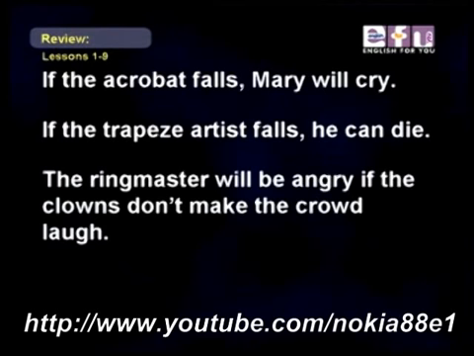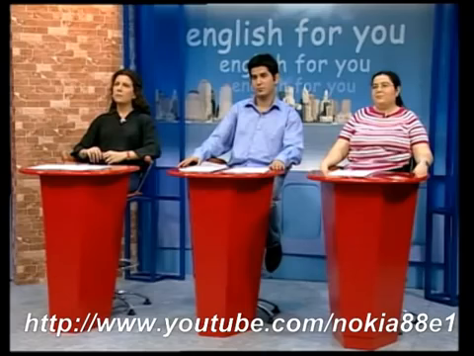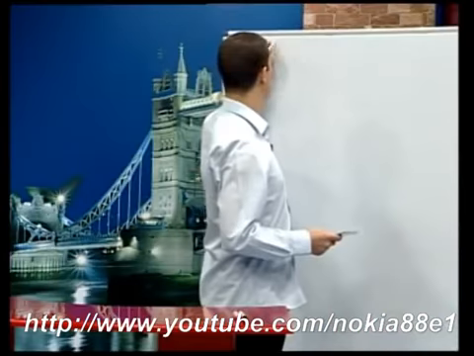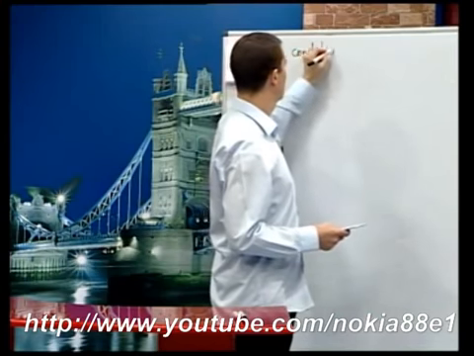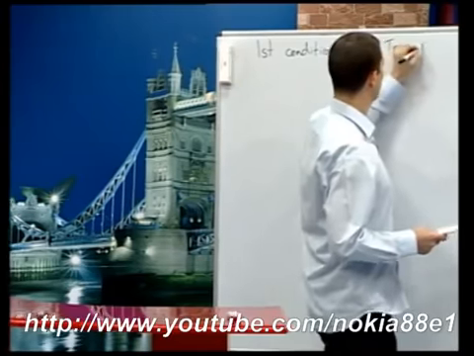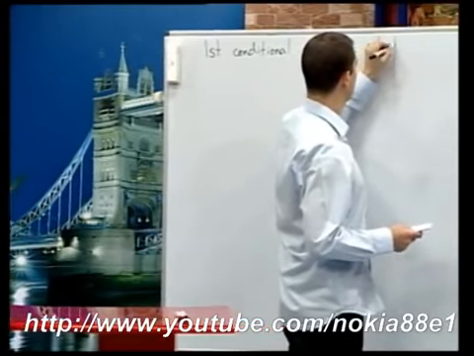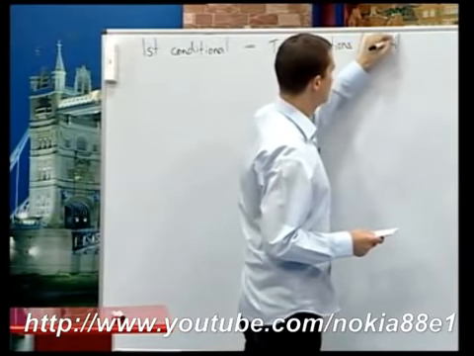The ringmaster will be angry if the clowns don't make the crowd laugh. The seal will perform a trick if you can find the ball. The first conditional is used for situations that are true in the present or the future. True situations, present or future.